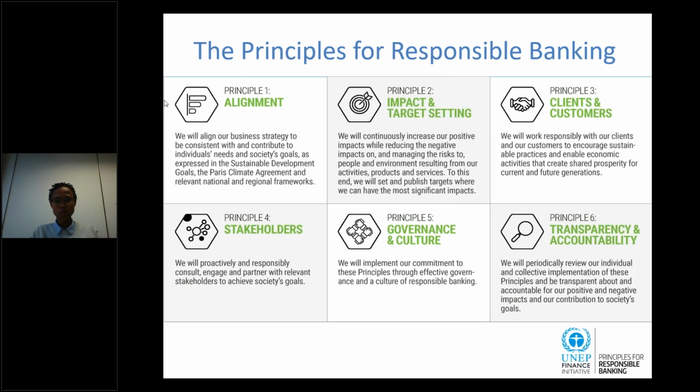So as you will be told a little later with examples, in the guidance document you can find examples as to how we can engage with regulators.